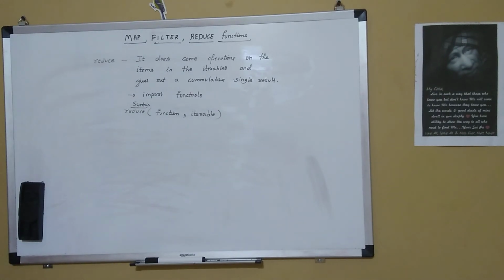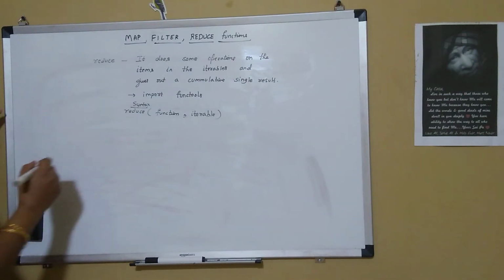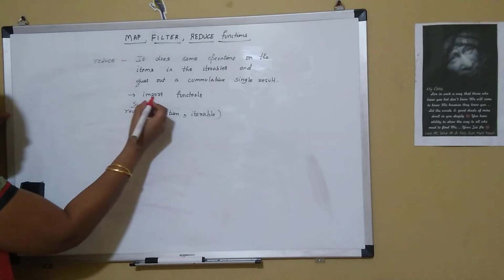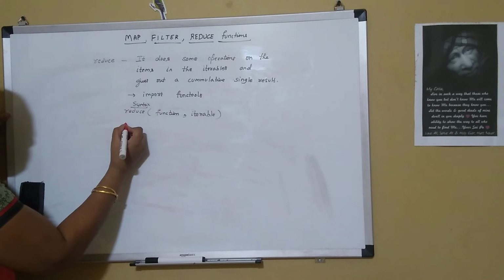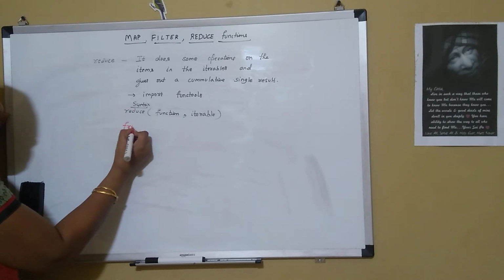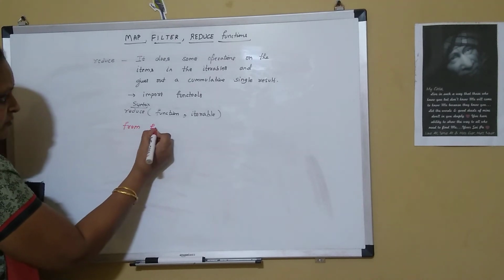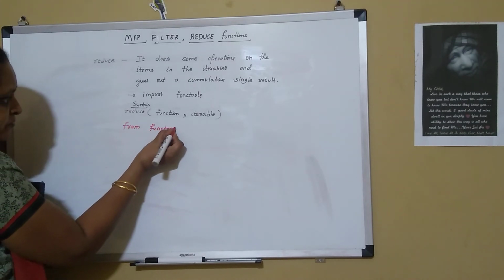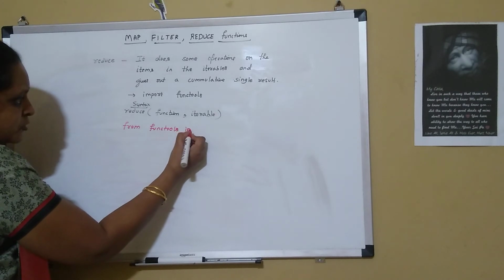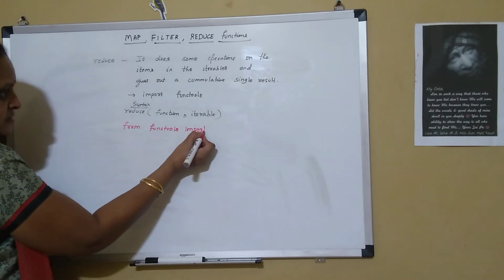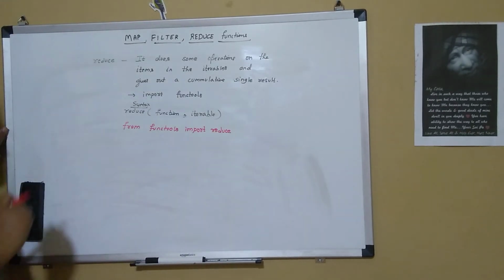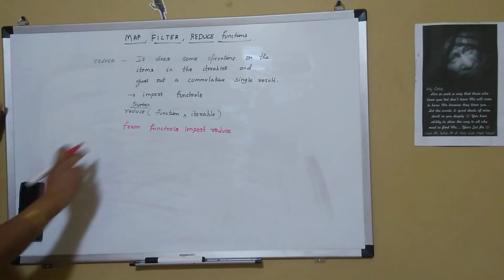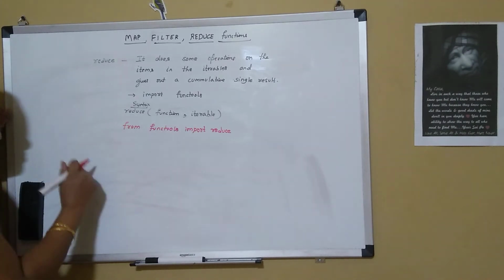This is the syntax for reduce, just like map and filter. For taking the reduce built-in function, we have to import it from functools. From functools import reduce. We have to give this statement, otherwise we can't use the reduce built-in function.